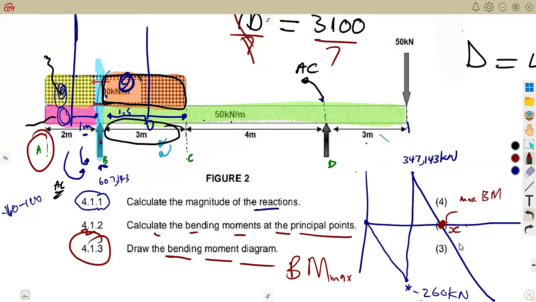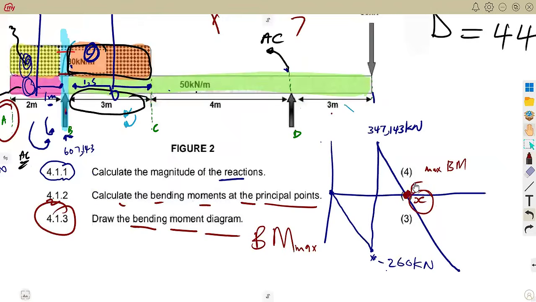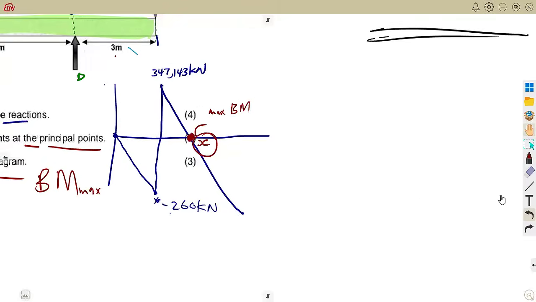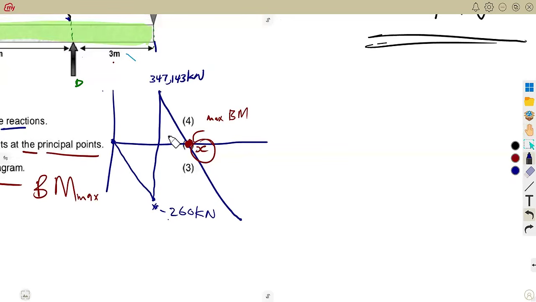So let's say that point is called X. That is where we have our maximum bending moment. All right. So it was going to be something else, guys. You have to calculate that. So remember, I talked about the formula, if you are dealing with shear force, even on the bending moment, you see that this point where it was going to happen on my bending moment, maybe it's like this.